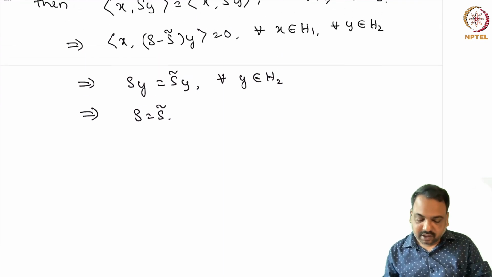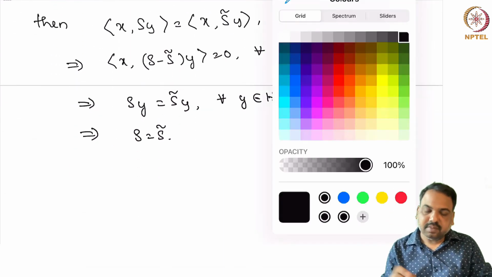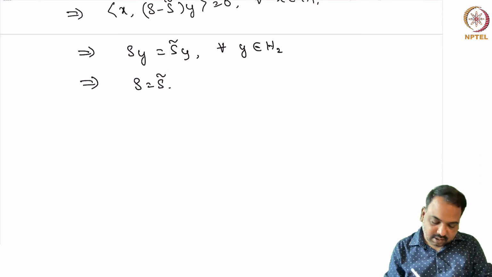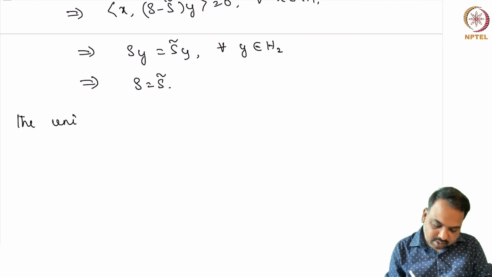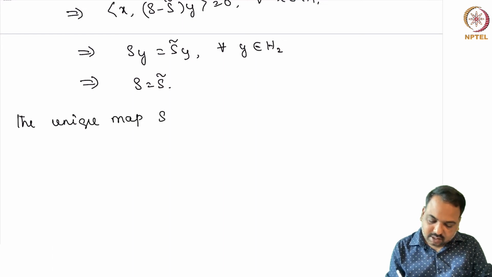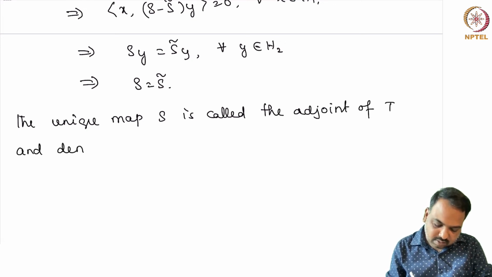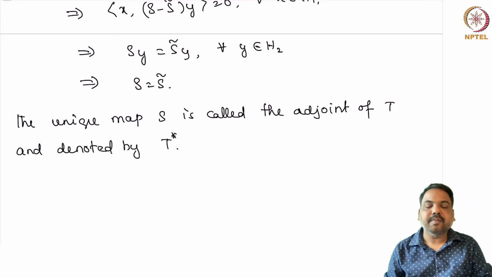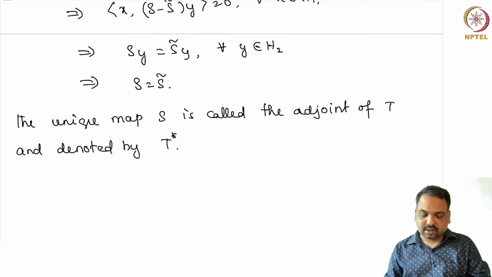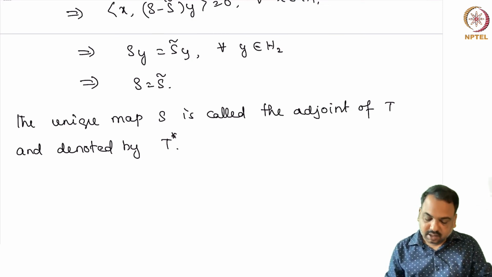Such a unique map we call the adjoint of T. So the unique operator S is called the adjoint of the operator T, and it is denoted by T star. In other words, we can write S equal to T star in the earlier equation.